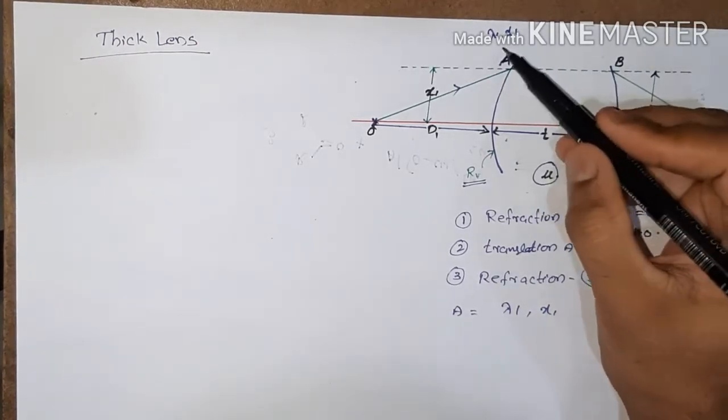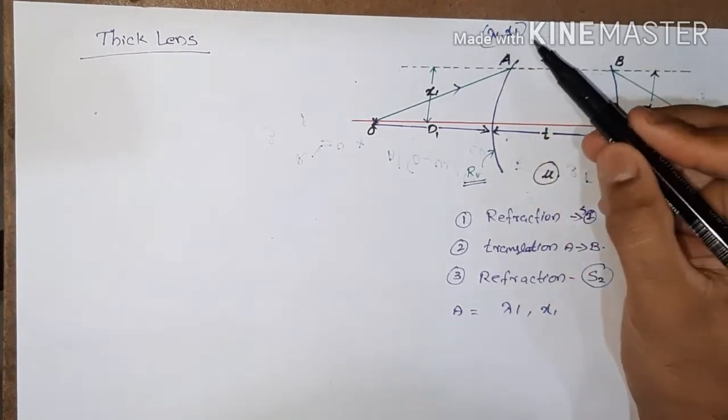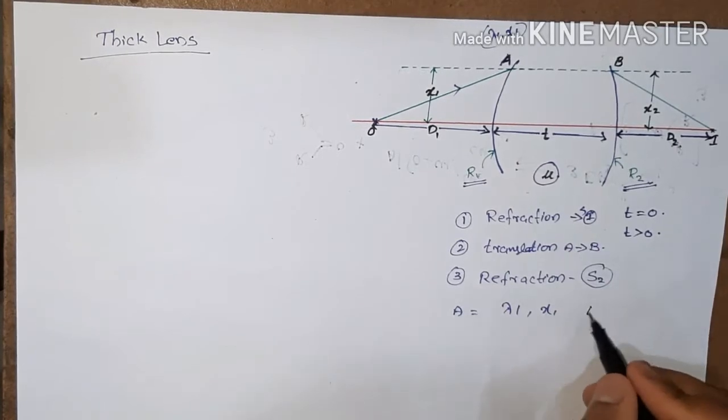So I am denoting this coordinate as lambda 1 and x1 only.